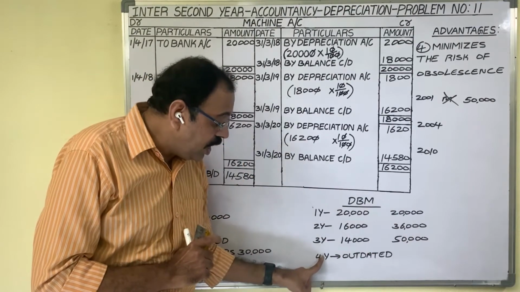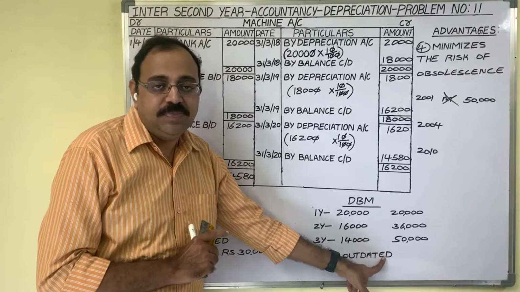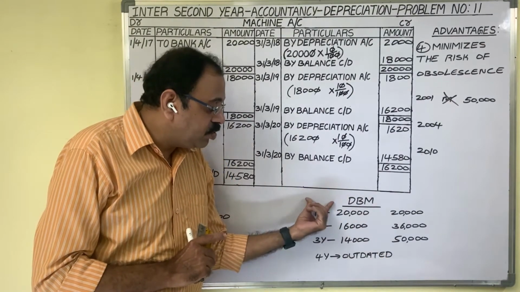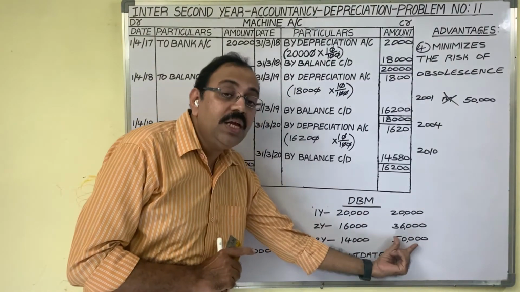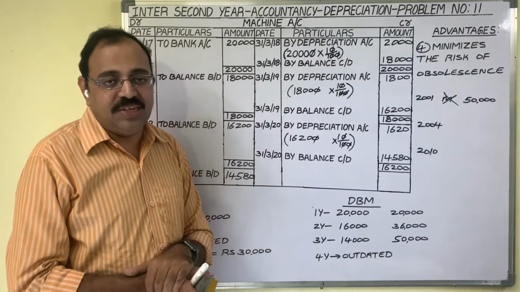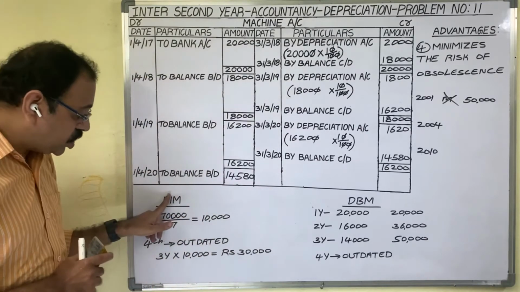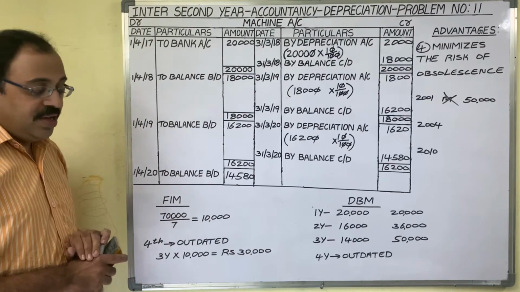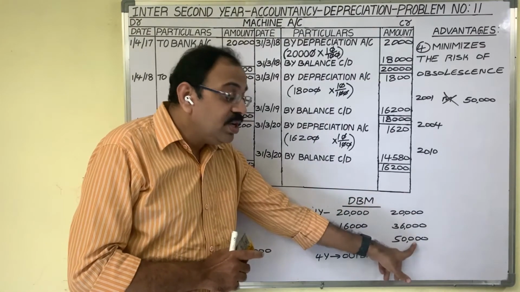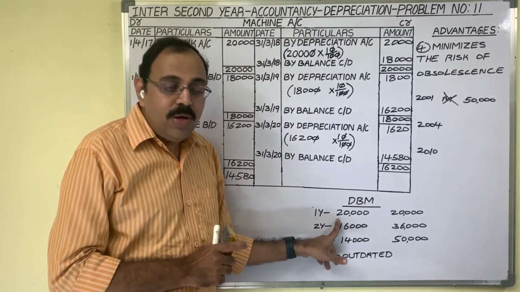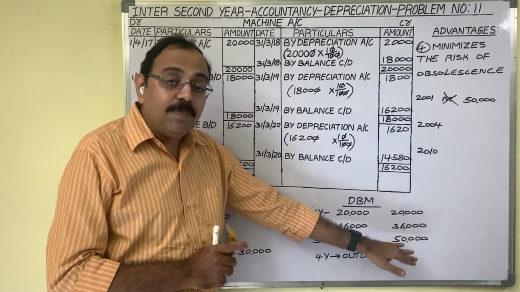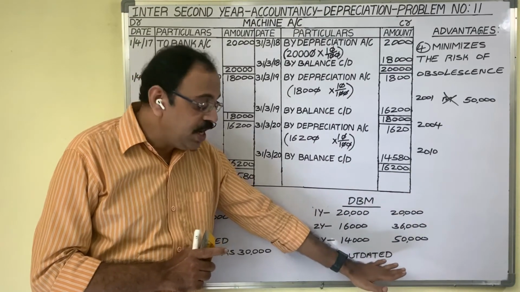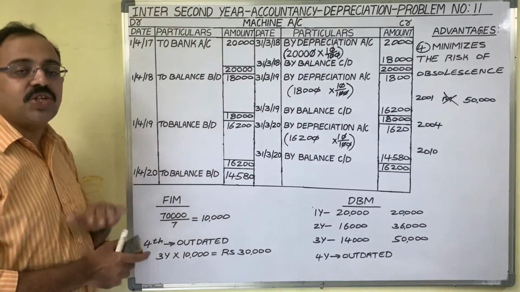Say in the fourth year, the asset became obsolete, became useless. Even though, from 70,000, 50,000 is written off towards depreciation. In the case of the fixed installment method, only 30,000 the firm can write off. But here, 50,000 we can write off. So, the loss due to this obsolescence risk is less in the diminishing balance method when you compare it with the fixed installment method.